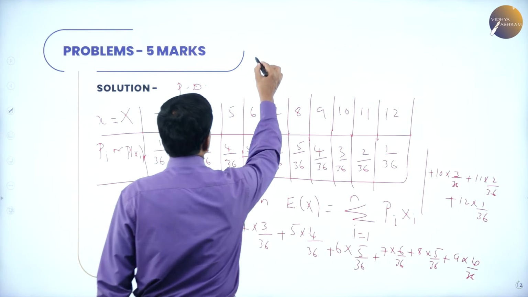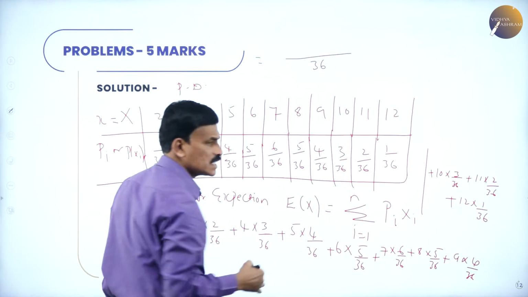So this can be written as, we can take 36 as the LCM in the denominator.